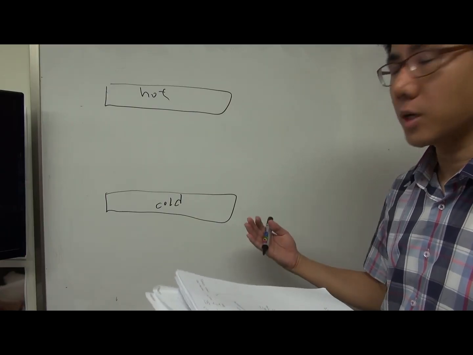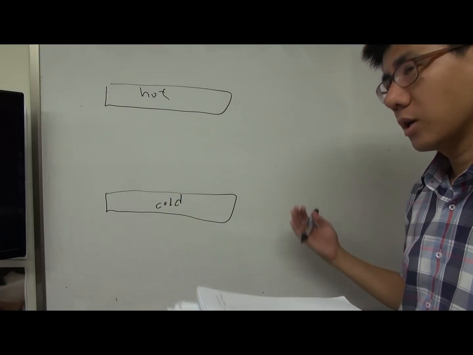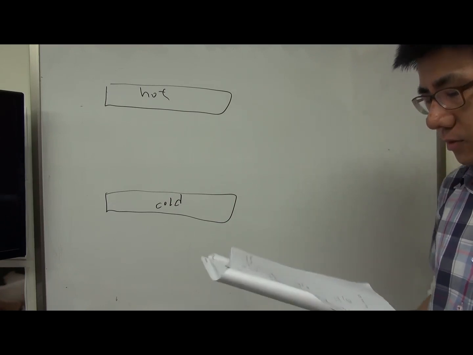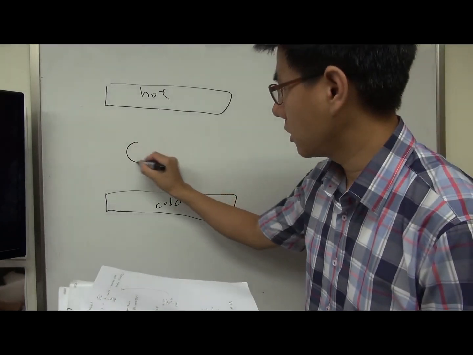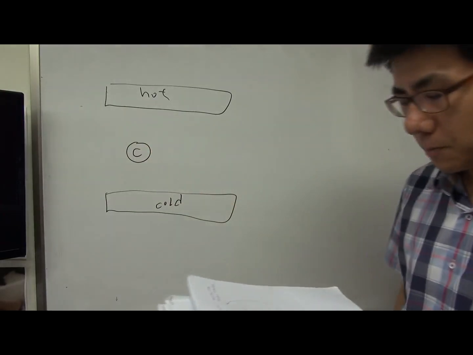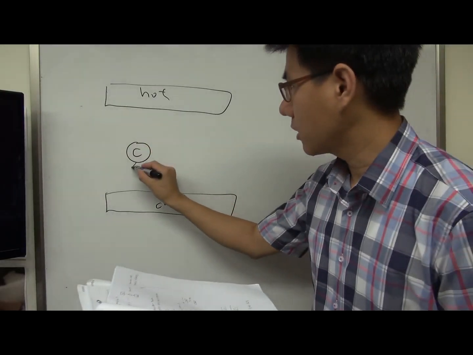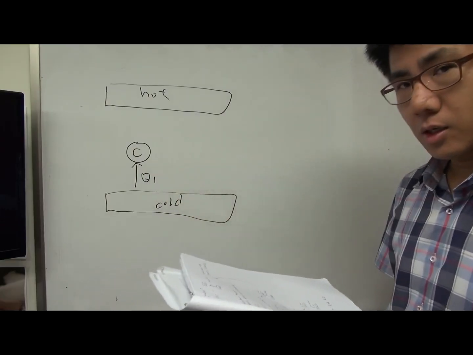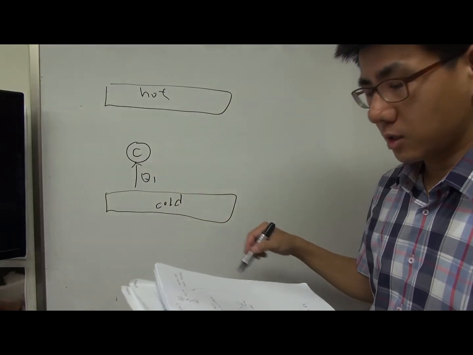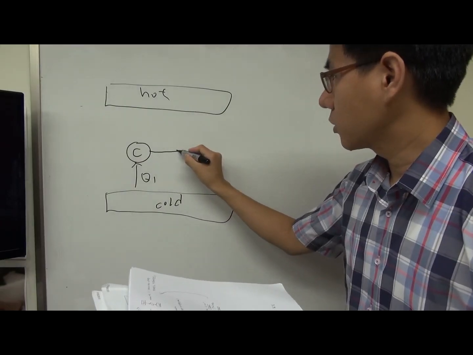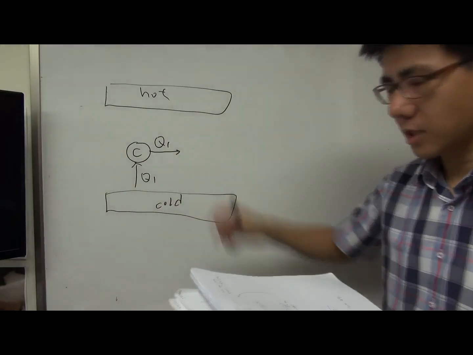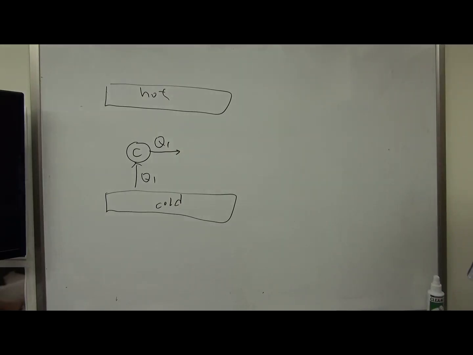We're just assuming, and we are going to show that that assumption is wrong. We just assume there is a heat engine C which can obtain heat energy from the cold body and convert it totally into work, 100%. Okay?